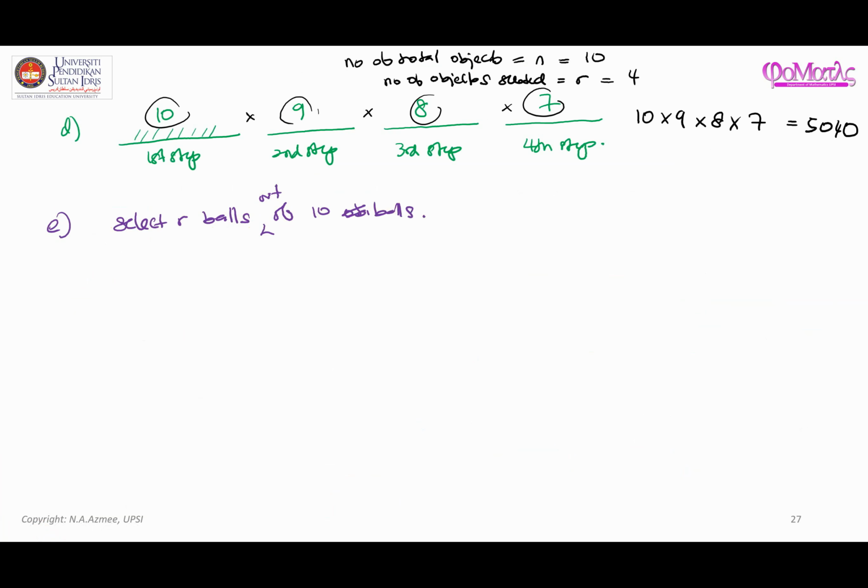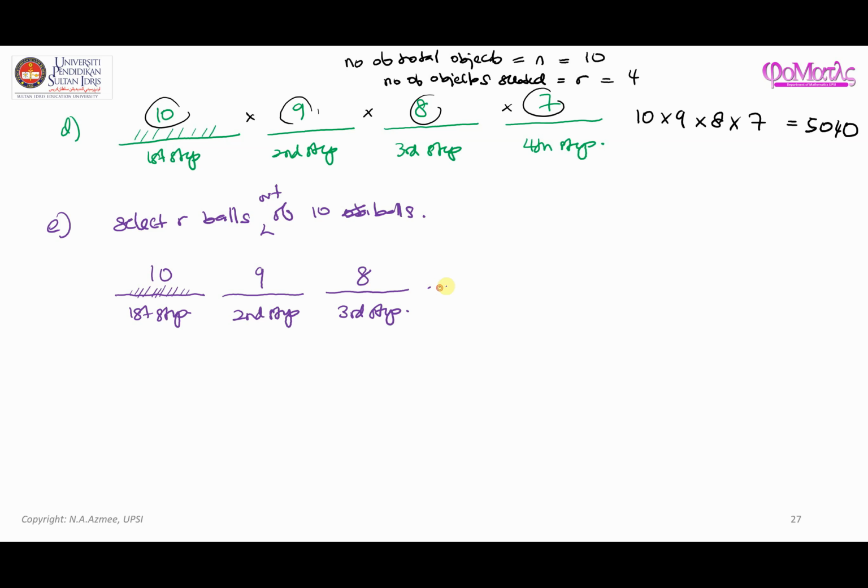Therefore, if we follow this pattern, this is the first step, you have 10 options. The second step is reduced to 9 options because one space is already filled up. This could be the third step, which is reduced to 8.